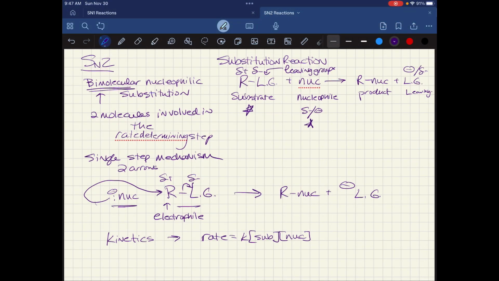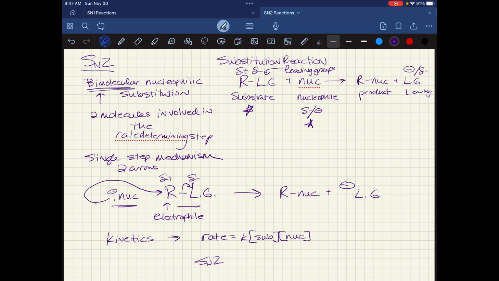In the next video, I'll talk about the stereochemistry of this reaction. One last thing I want to add about this mechanism is, unlike the SN1, which can sometimes have a proton transfer before, a carbocation rearrangement in the middle, and a proton transfer at the end, the SN2 really tends to just be the SN2 step and nothing else.